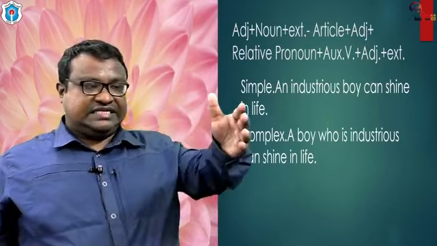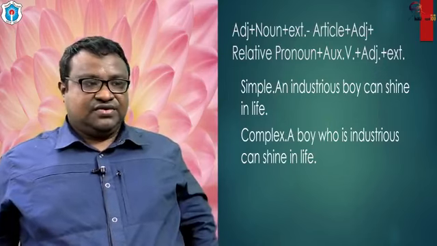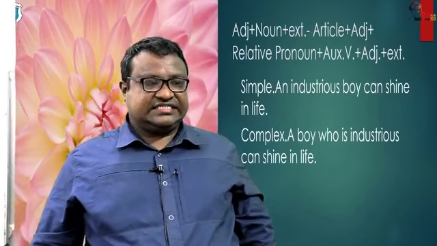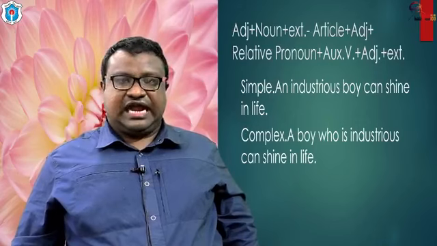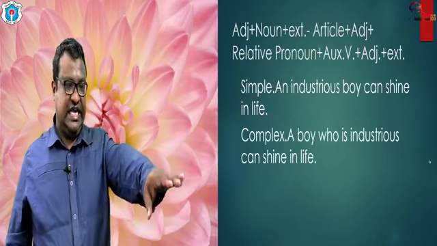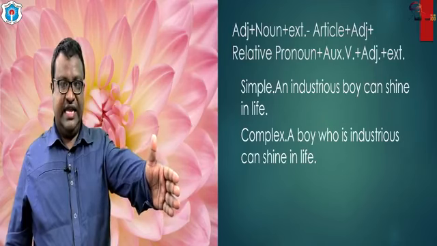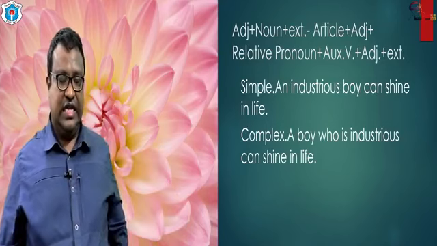So please correct the formula: in the slide it is written article plus adjective. It will be corrected, it will actually be article plus noun, as we see "a boy": a is the article and the word boy is actually the noun.